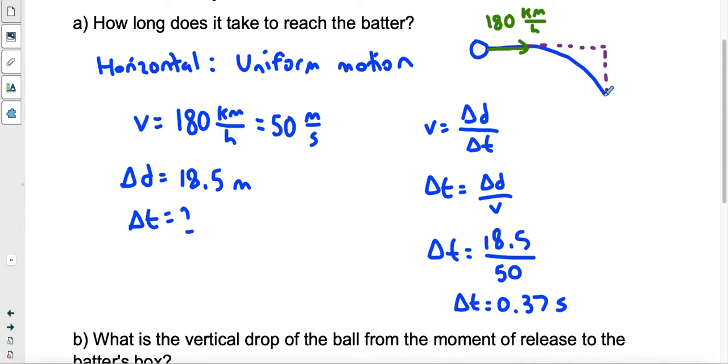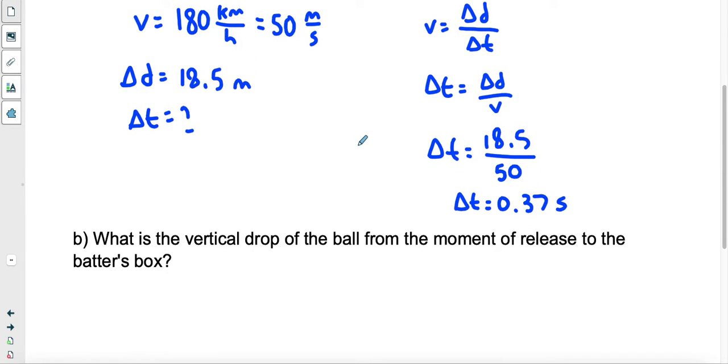Whenever you're looking at projectile motion, the vertical component will always experience uniform acceleration due to gravity. So the vertical component is always going to be uniform acceleration.